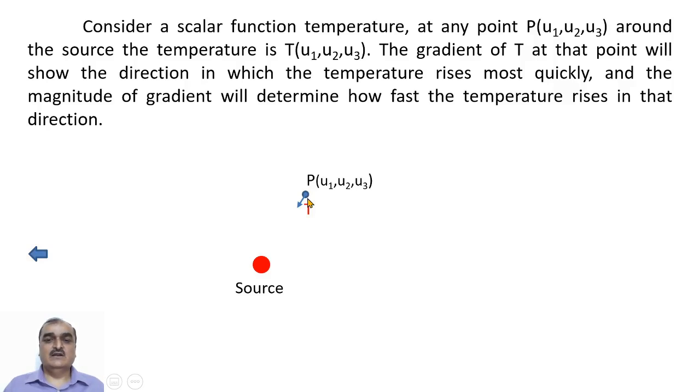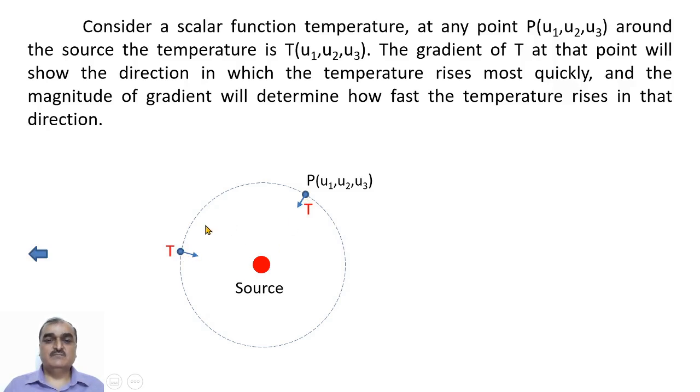The change in temperature is the magnitude of the gradient. If you draw a sphere with constant radius, all points on the surface of the sphere have the same value of T, but the direction is toward the source. If the point is here, then this is the direction.